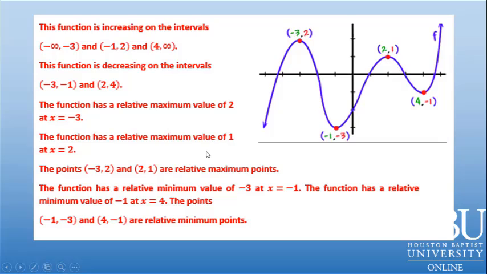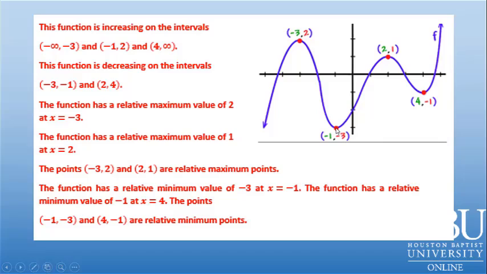What about local minimums? If we look at this point, we can see that the local minimum value of the function f is negative 3, and it occurs at x equals minus 1. And over here, there's another local minimum value of minus 1 that occurs at x equals 4.